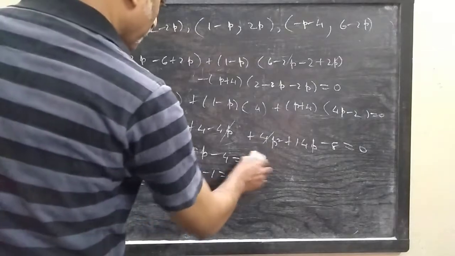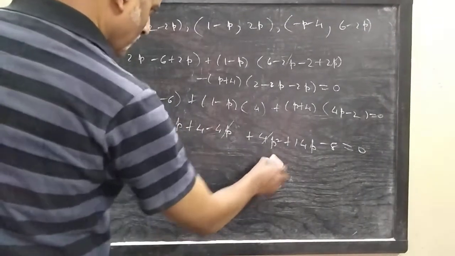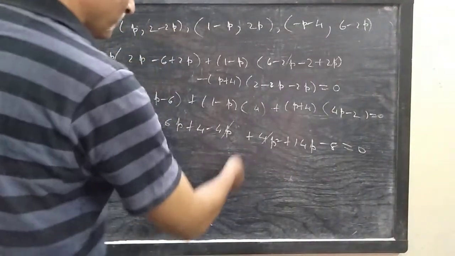Mistake here. I have cancelled 4P square with 4P. Sorry.